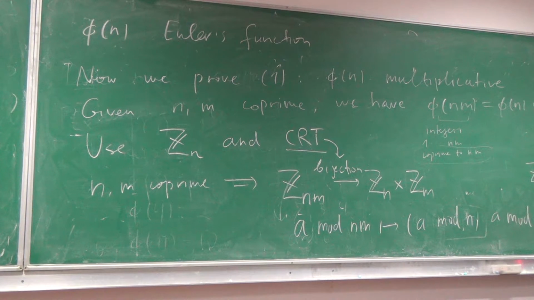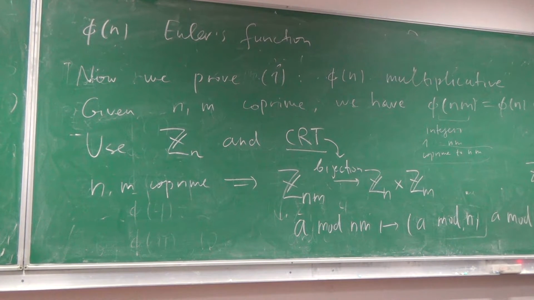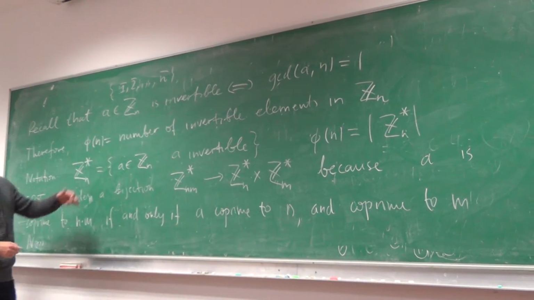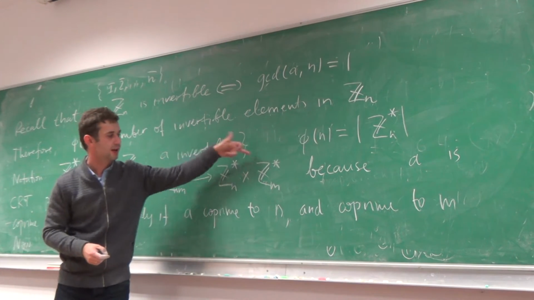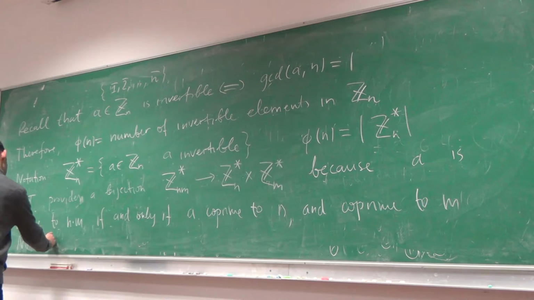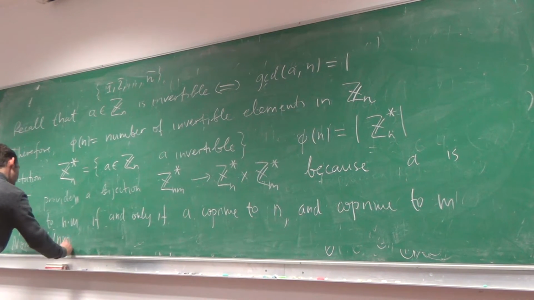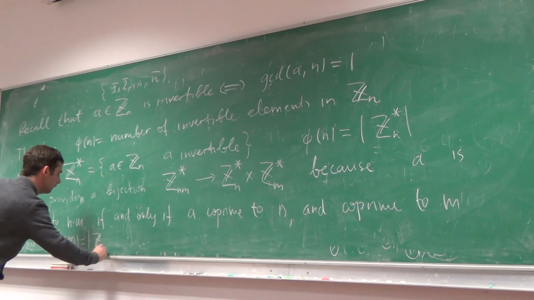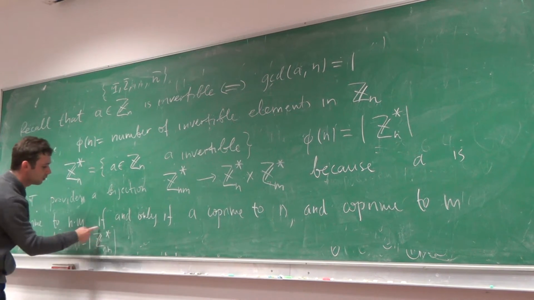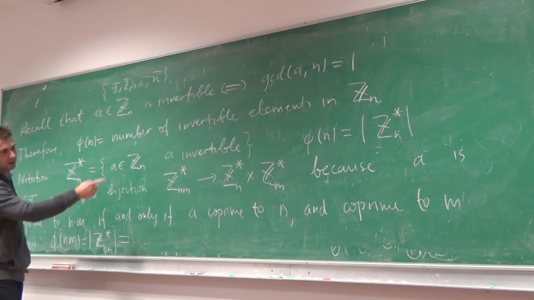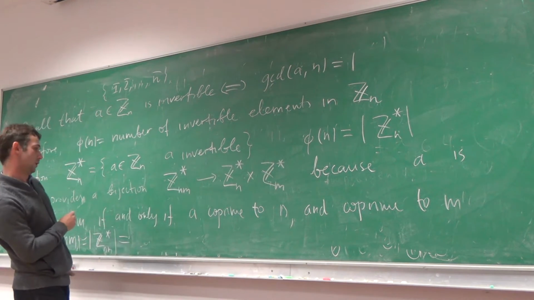Okay, and now we're done. So there's just enough space to finish the proof. Just by looking at the sizes of the sets on the two sides: phi of n times m, which is the number of invertible elements mod nm, is the left-hand side of this bijection.